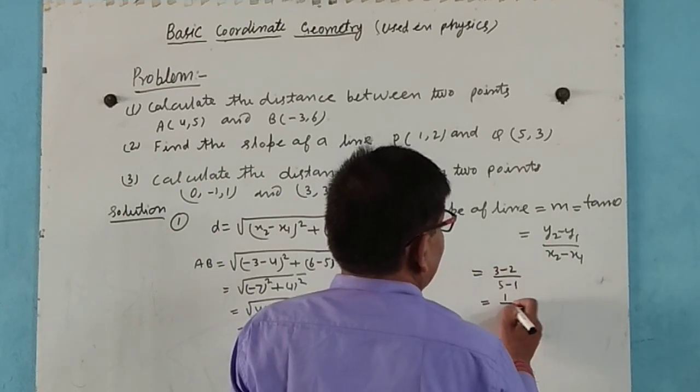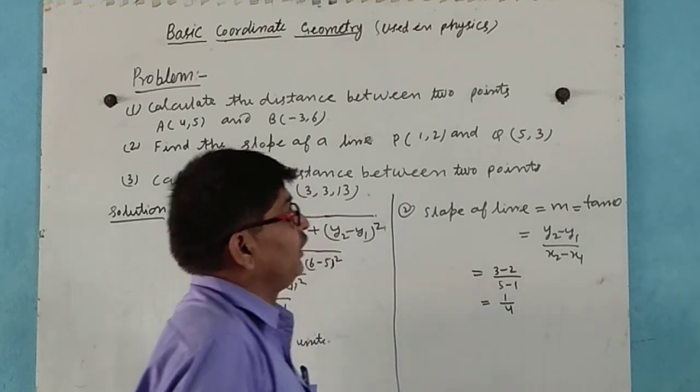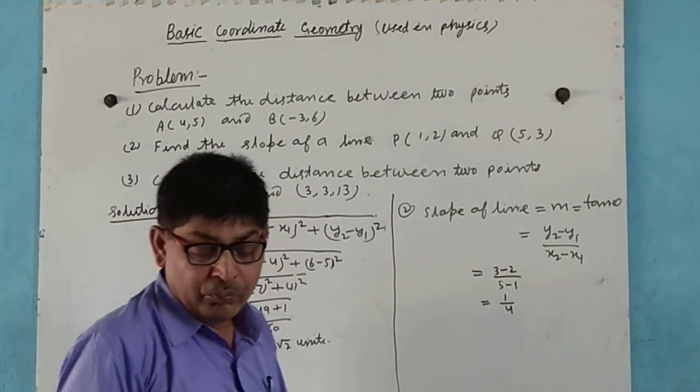This is 1 and this is equal to 4. So the slope of the line equal to 1 by 4.